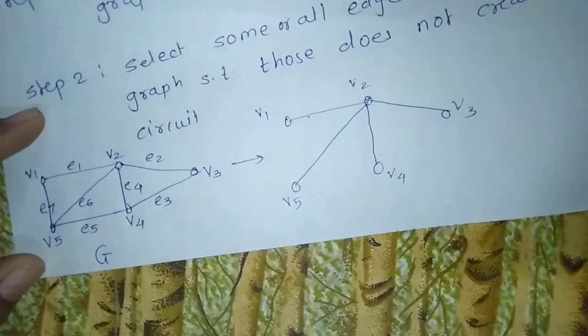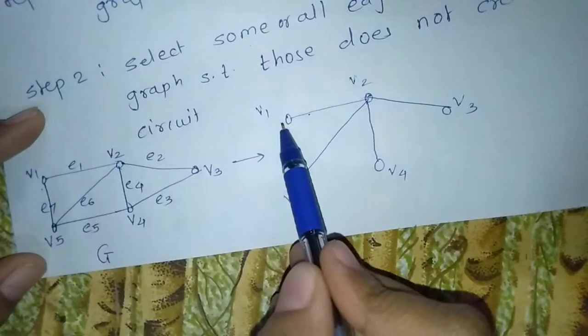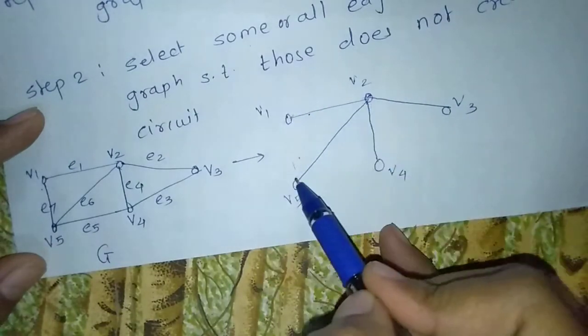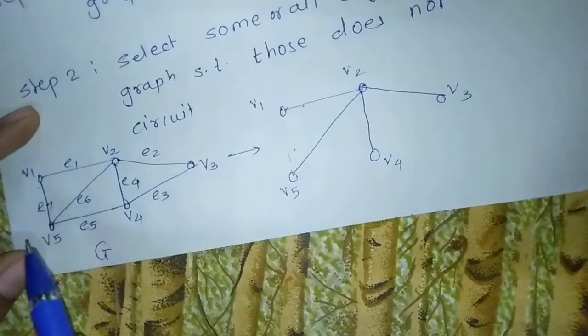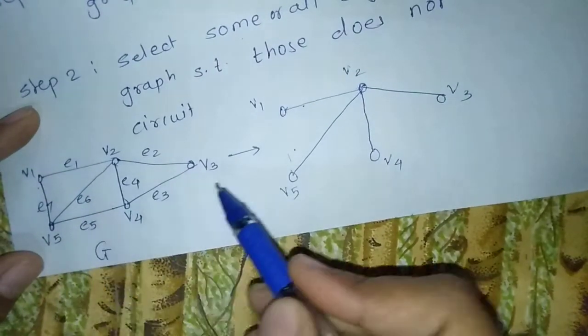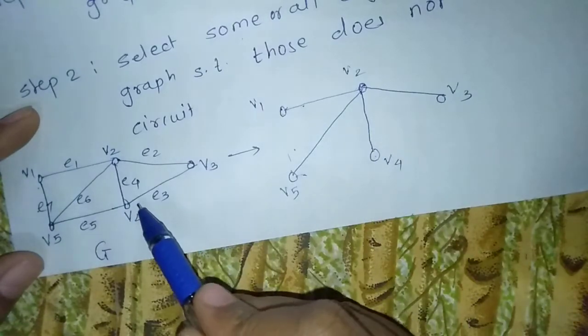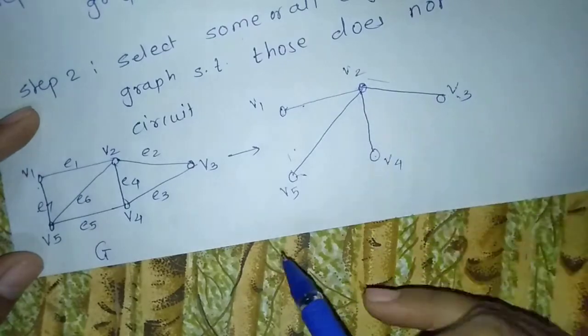Now you can see that here 5 number of vertices and 4 number of edges. When we take this edge V1 to V5, it creates a circuit like this. That's why here we cannot take E7. Similarly, we can't take E5. If we draw E5, it creates a circuit, and if we draw E3 here, then this is nothing but a circuit.